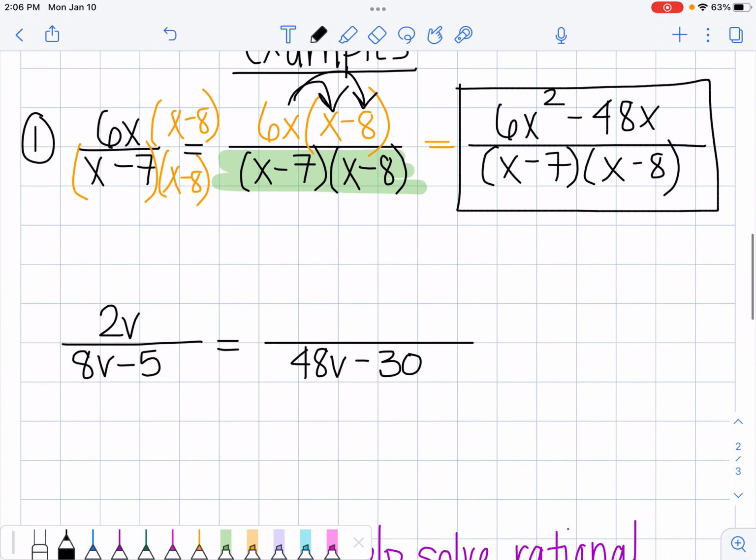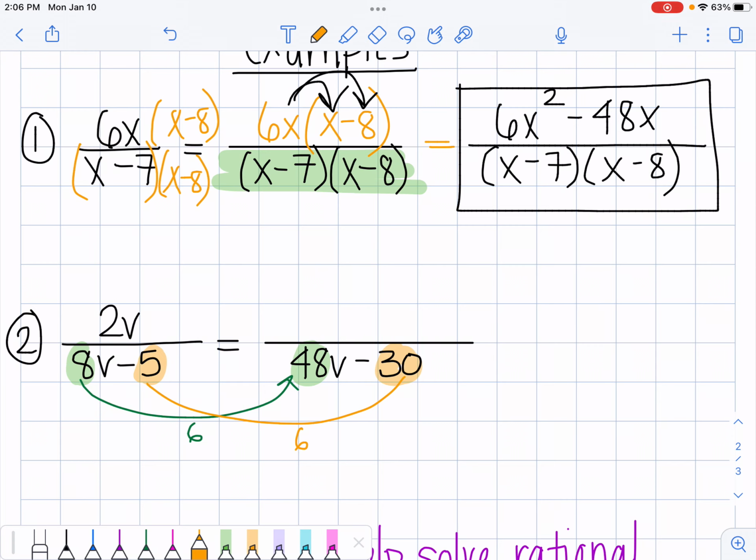Our next example says 2v over 8v minus 5, and they want me to write an equivalent fraction with my denominator turned into 48v minus 30. So what happened? This 8 turned into a 48, and this 5 turned into a 30. It looks like I multiplied by a number. So I ask myself, 8 times how much is 48? 6. 5 times how much is 30? 6.